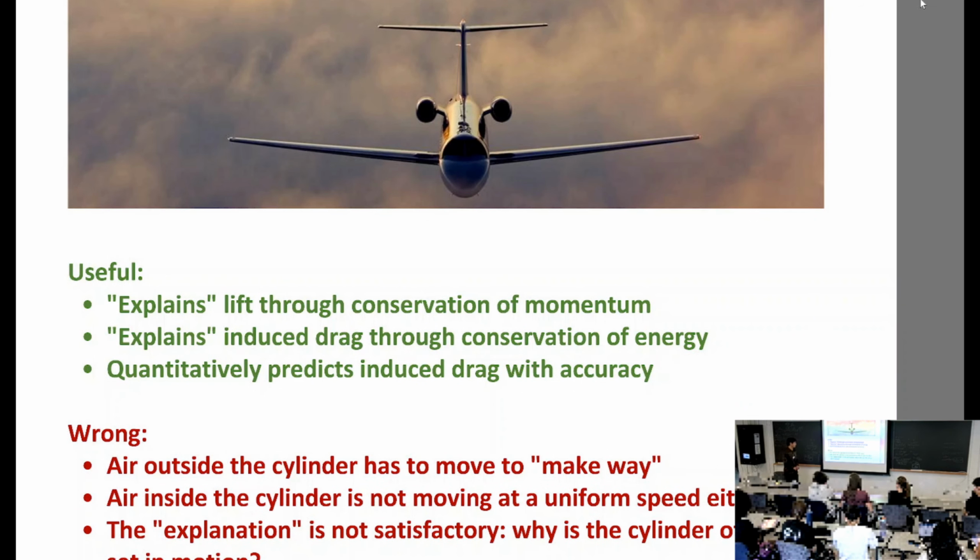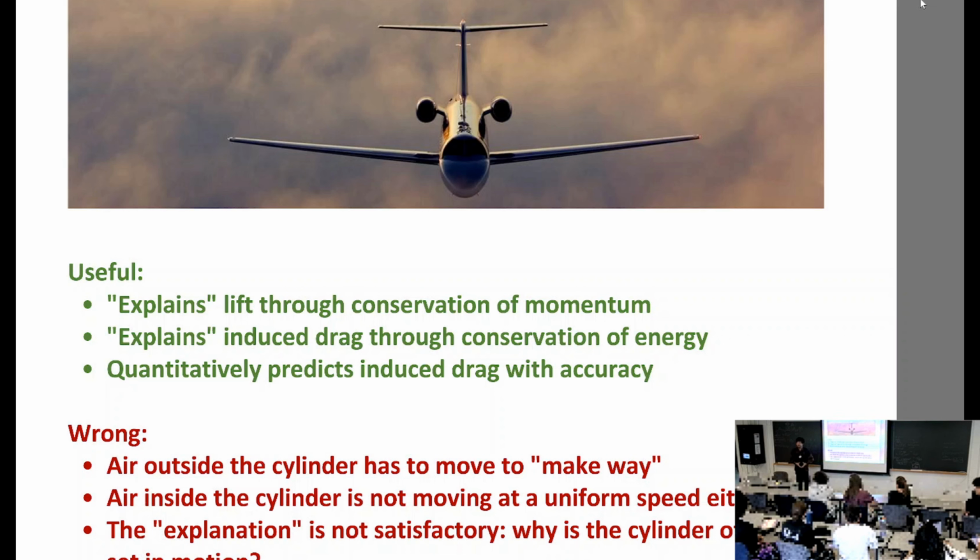But it's actually also wrong, right? A model is necessarily a model. I mean, a model is not reality because it doesn't exactly coincide with reality. In this case, think about what's wrong with the model. First of all, unlike a solid object, a column of air cannot just move downward by itself, like in vacuum.